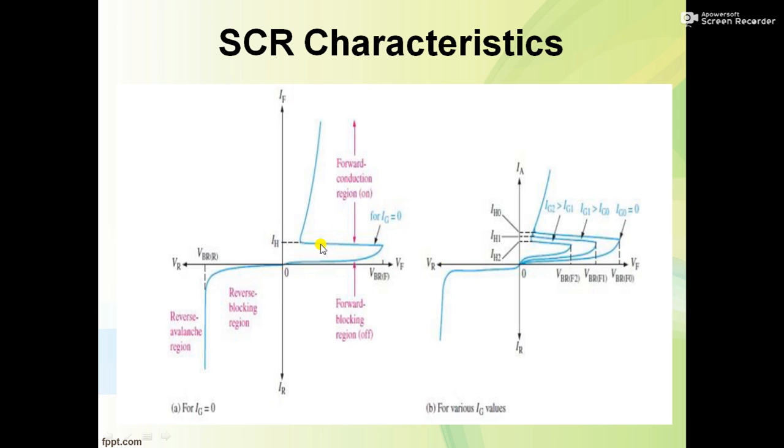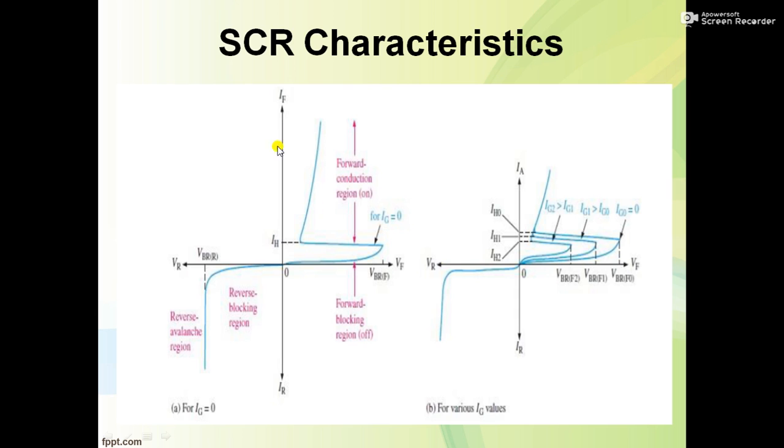Second point: if the forward current falls below the level of the holding current, this is nothing but the holding current. If the forward current falls below the holding current, the depletion region begins to develop around the junction J2 and the device goes into the forward blocking region.